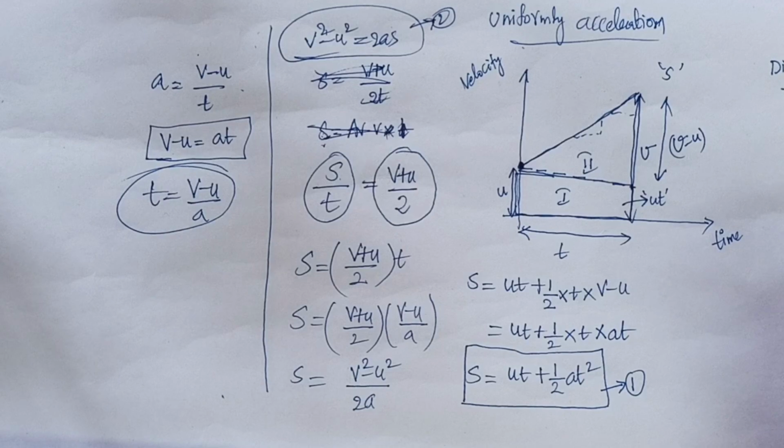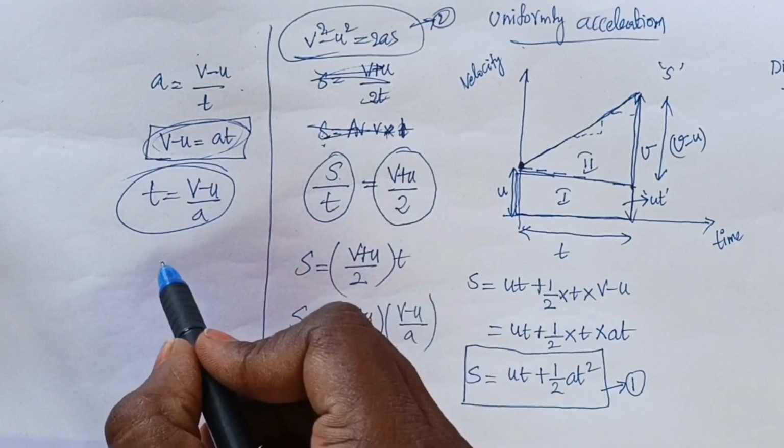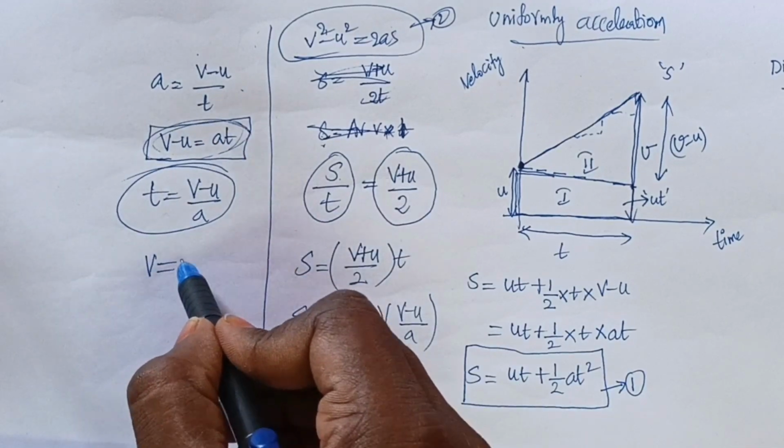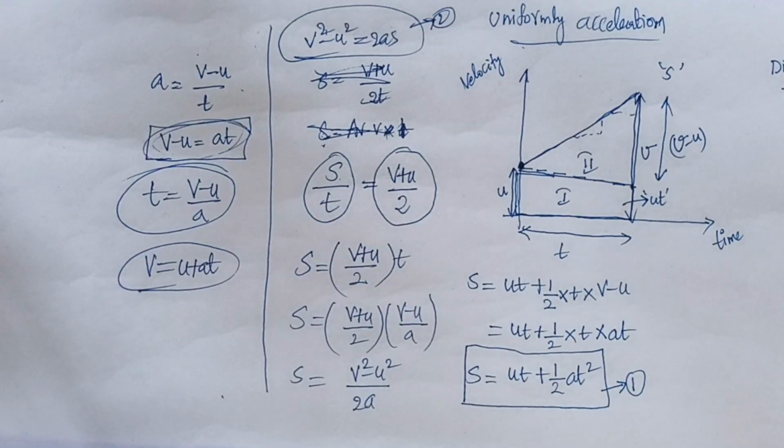Okay. Next, what is the third equation of motion? From the acceleration equation itself, we can get v is equal to u plus at. So this is the third equation of motion.